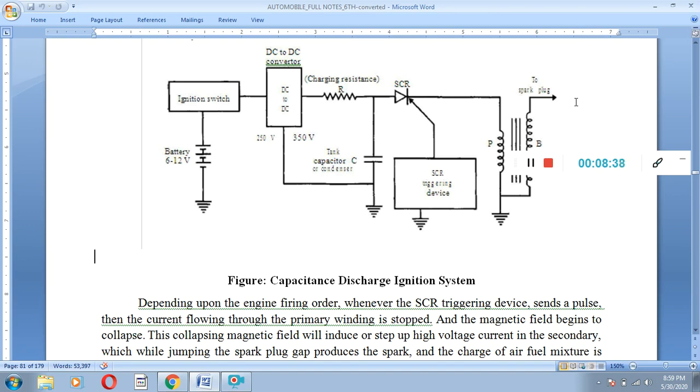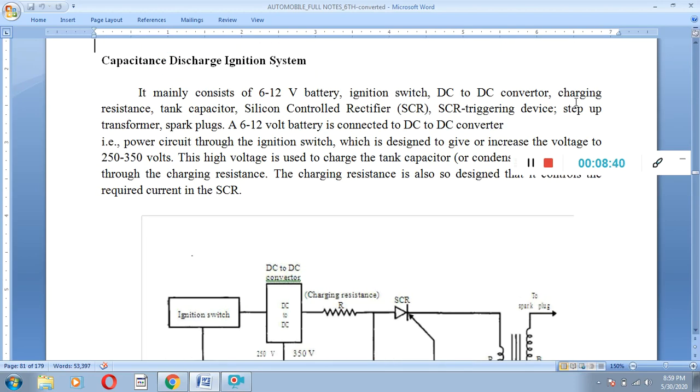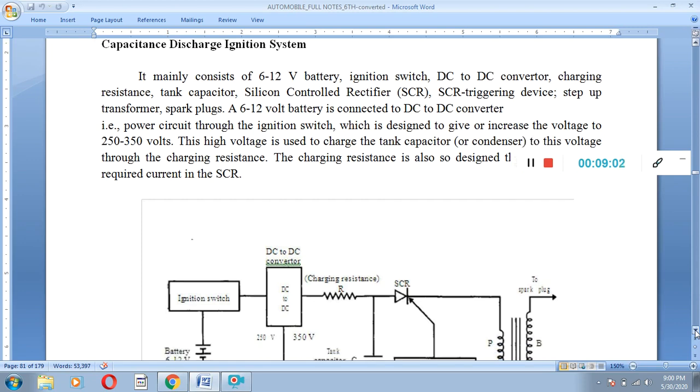Now how will it work? The capacitance discharge ignition system is one type of electronic ignition system. It mainly consists of a 6 to 12 volt battery, ignition switch, AC to DC converter, charging resistance, tank capacitor, silicon controlled rectifier (SCR), triggering device, step up transformer, and spark plug.